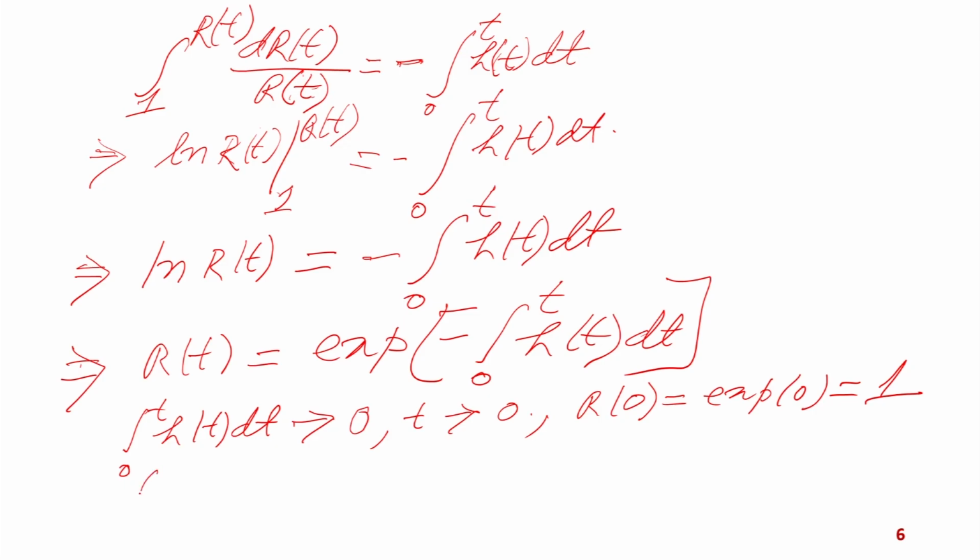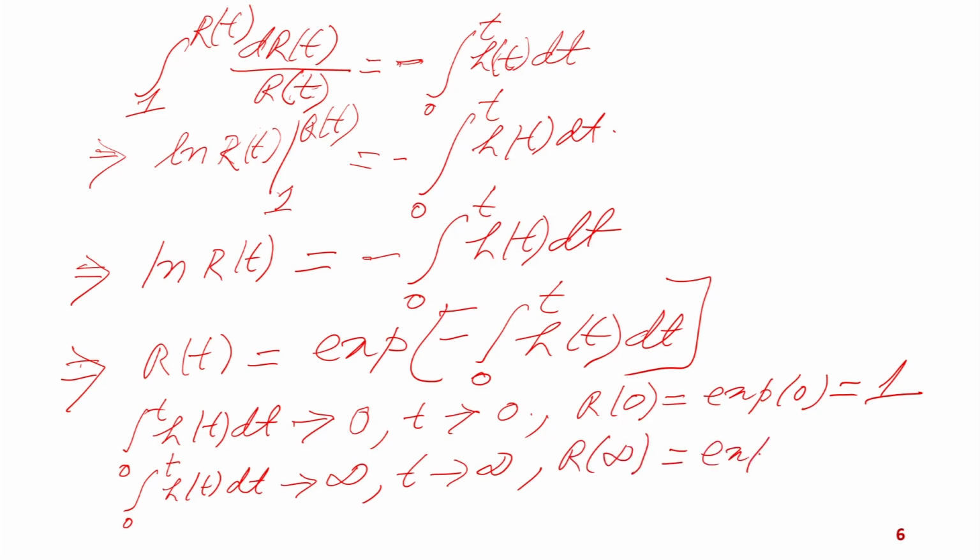Now, the integral from 0 to t of h(t) dt will tend to infinity when t tends to infinity. So, R of infinity will be exponential minus infinity, which is equal to 0. So, no components can work up to infinite time, so its reliability has to be 0. That is proved from this expression.